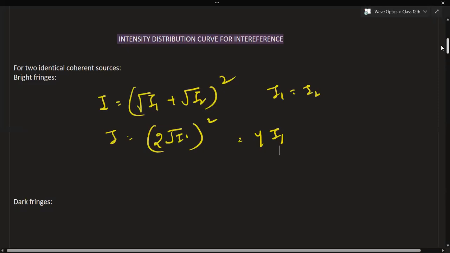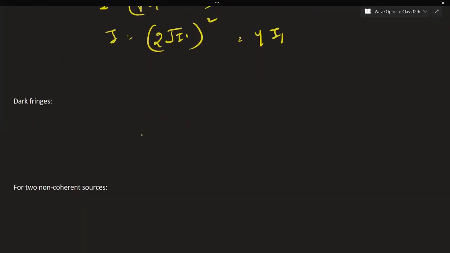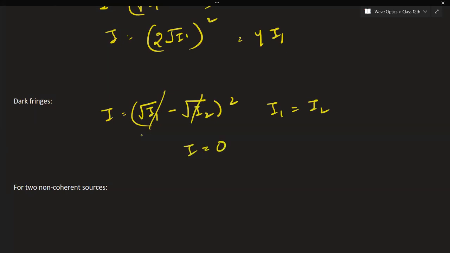For dark fringes, the intensity is (under root I1 minus under root I2) whole square. When I1 is equal to I2, these cancel and you get 0.